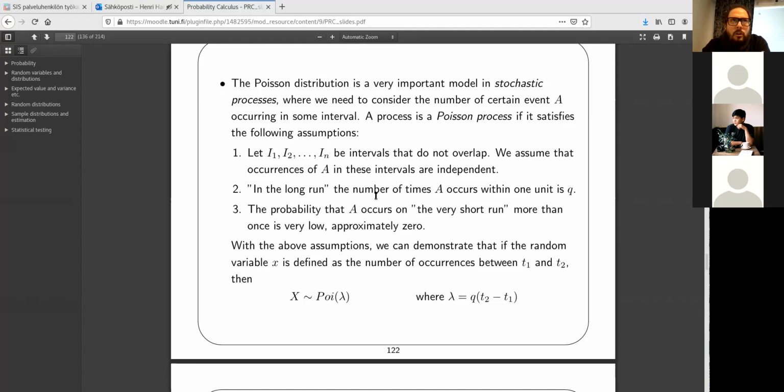Or if we're talking about heart attacks, the number of heart attacks occurring today as opposed to next Friday are independent. So the hospital can think that the number of heart attacks is a Poisson process, and they prepare for the contingency of how many heart attacks happen, and they have some devices for treating those.